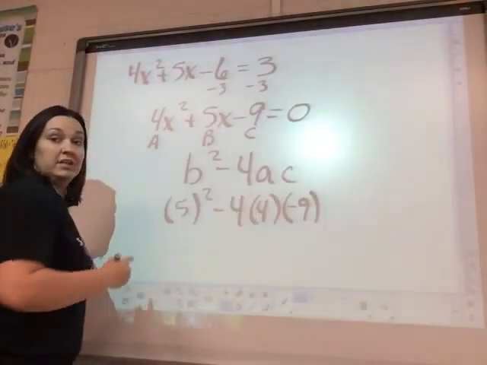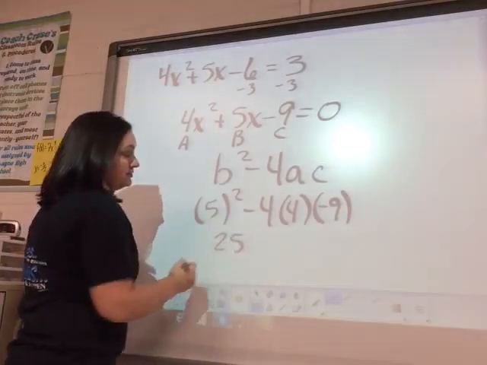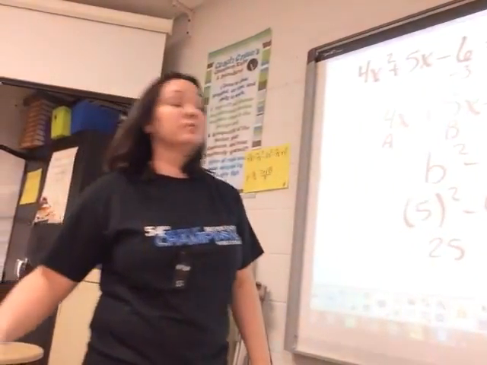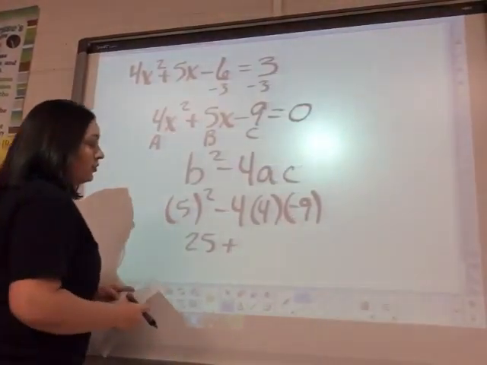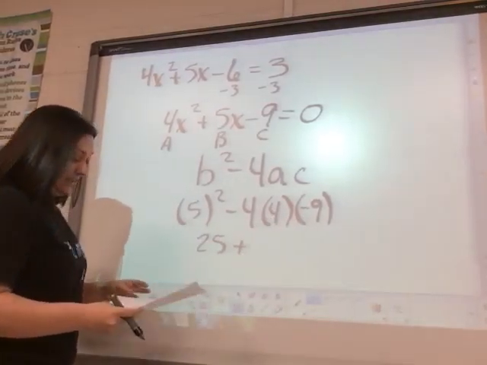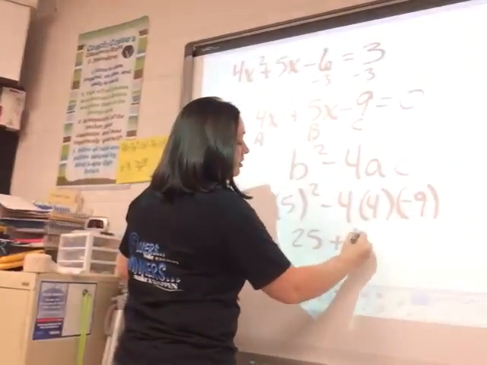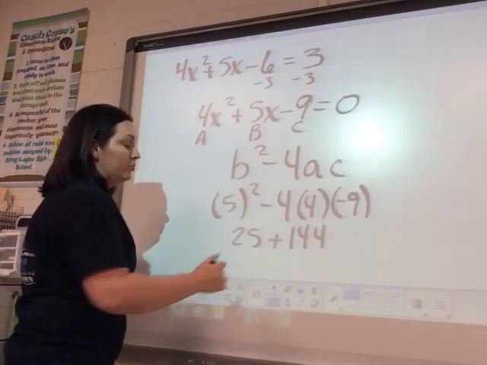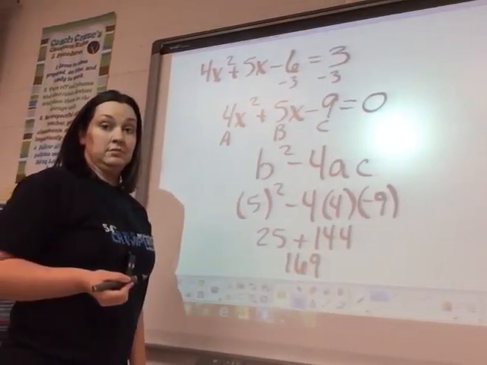Again, type this in the calculator or do some simple math here. 5 squared is 25. Negative times a negative is a positive. 4 times 4 is 16. Times 9 is going to end up to be 144. And do some math here. 25 plus 144 is going to be 169.